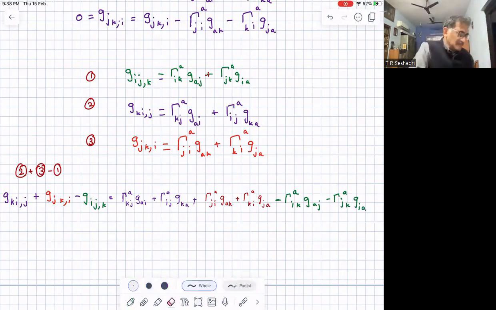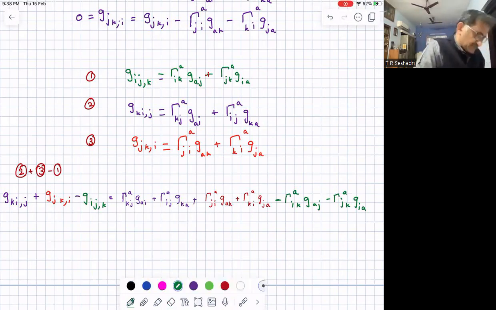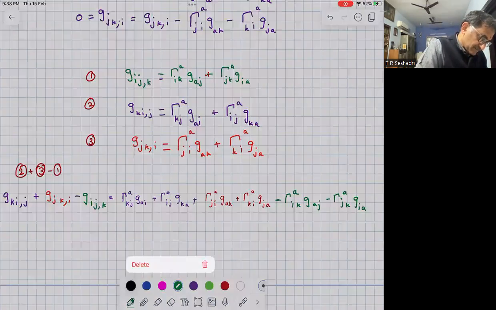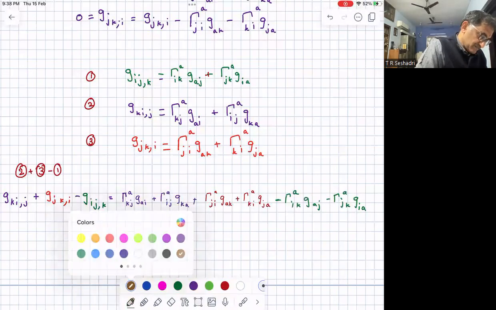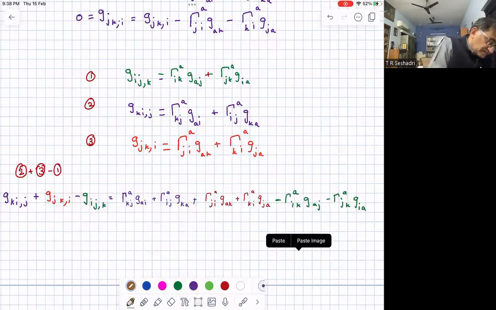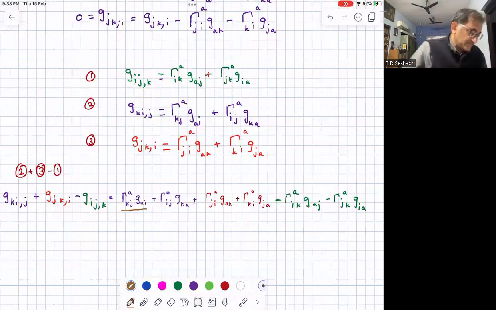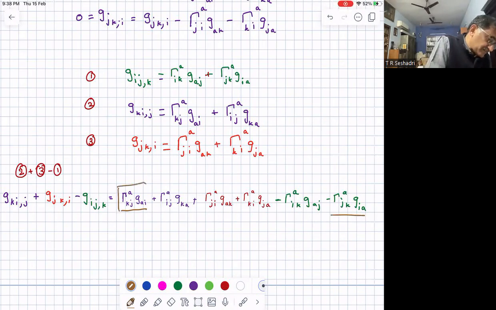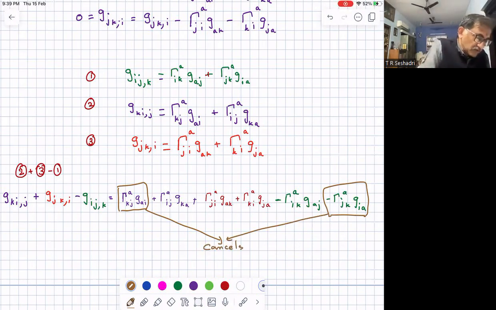Yes. Okay. Now I will use another, this one. Okay. This quantity and this quantity cancels because gamma and G are symmetric.